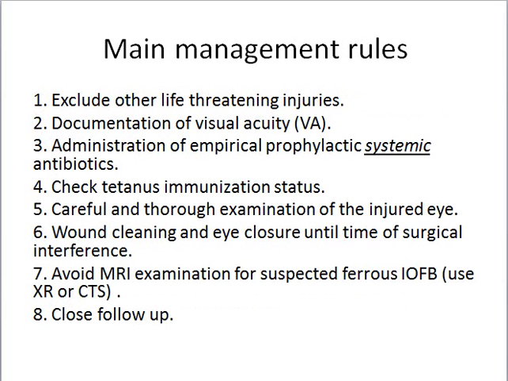The main management lines or rules for all patients of ocular trauma are: first, we should exclude other life-threatening injuries, documentation of the visual acuity, administration of empirical prophylactic systemic antibiotics, check tetanus immunization status, careful and thorough examination of the injured eye, wound cleaning and eye closure until the time of surgical intervention, avoid MRI examination for suspected ferrous intraocular foreign body, can use X-ray or CT scan.